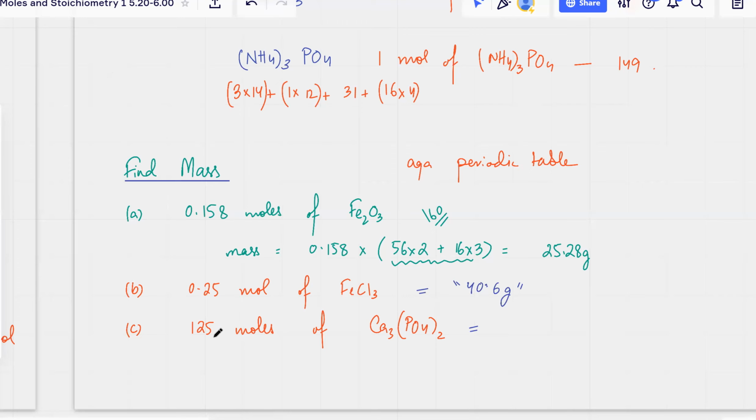What's the mass of 125 moles of calcium phosphate? You get 38750 grams. 3875.